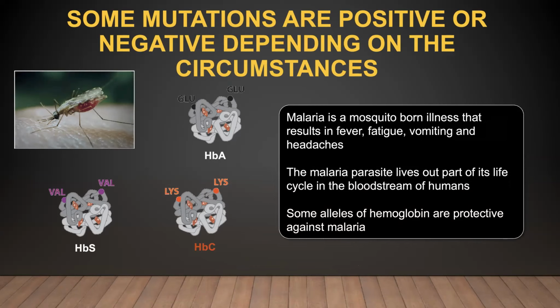So fevers, fatigue, vomiting, headaches, and I think it can actually lead to death if not treated, especially if patients are not in good health to begin with. So what we see is that the parasite, this malaria parasite, lives out part of its life cycle in the bloodstream of humans. And so some of the alleles of hemoglobin are actually protective against this malaria.